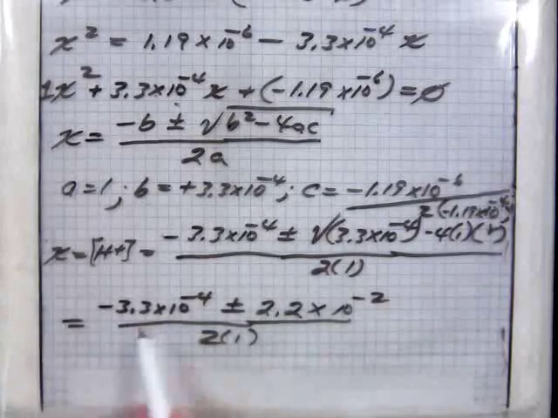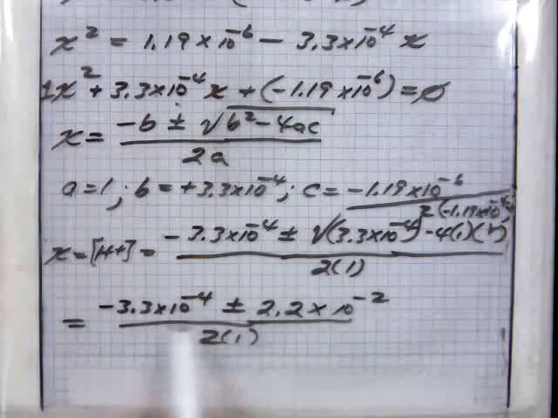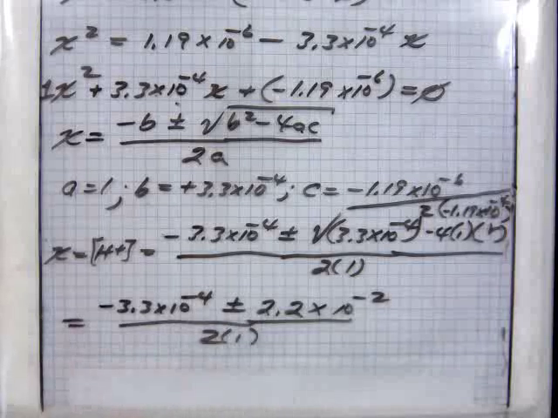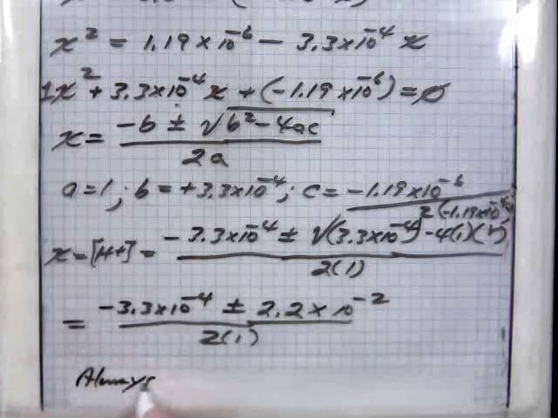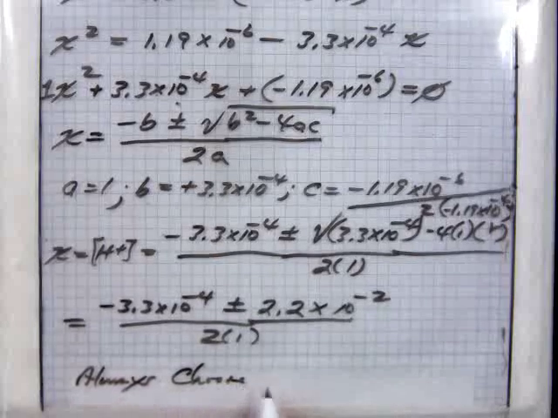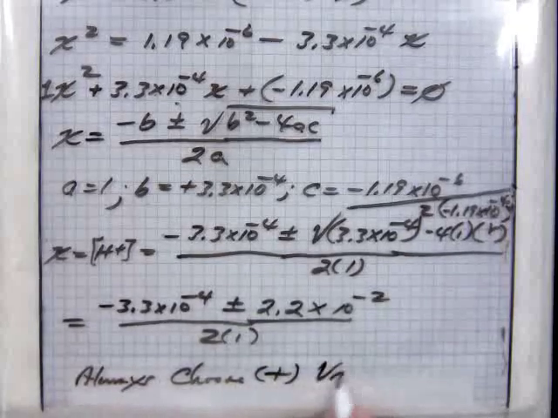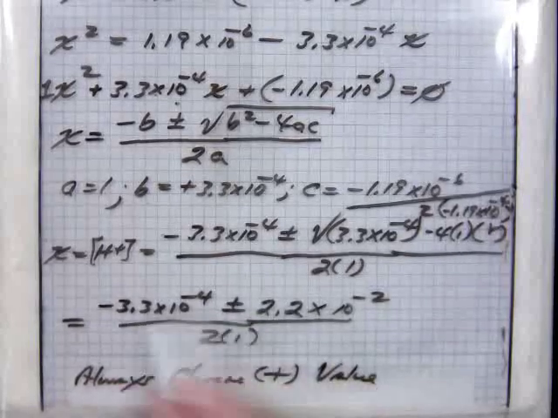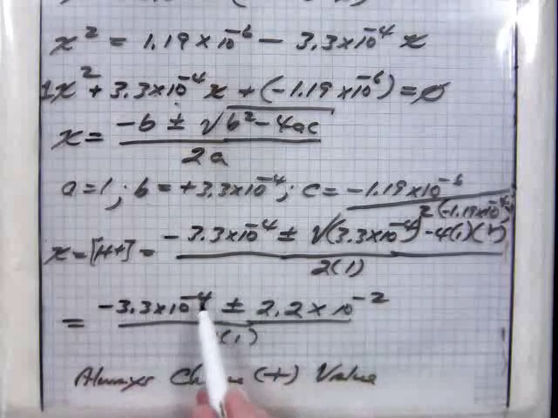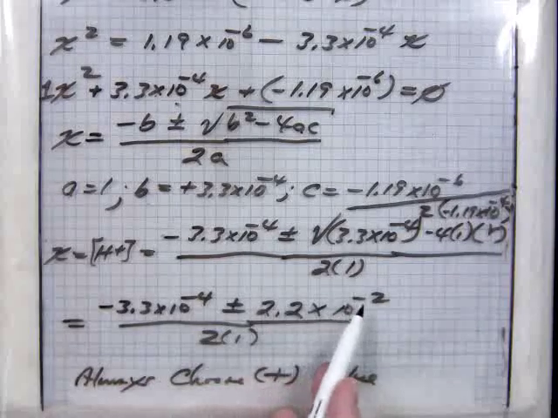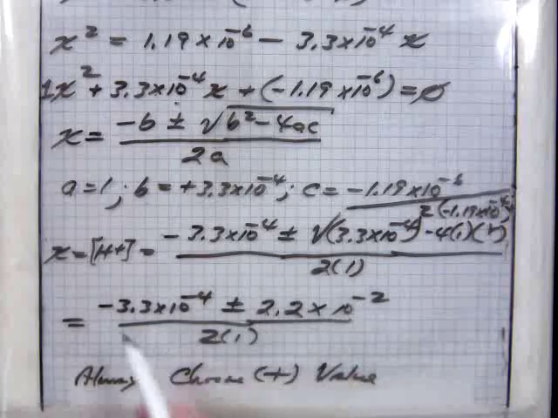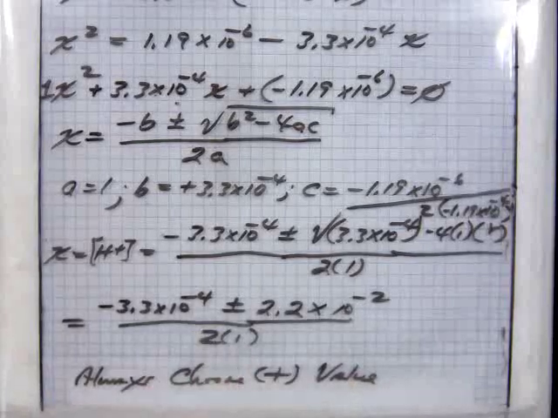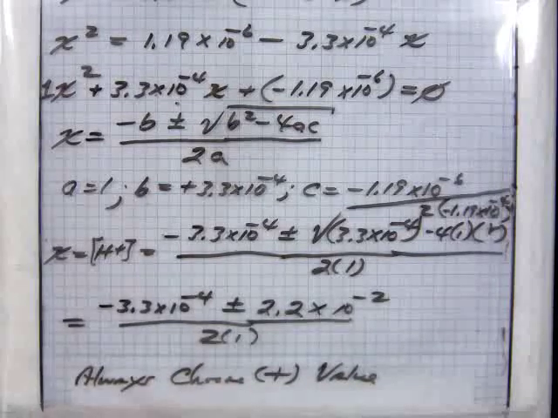Now, in these calculations, you have the option to get 2 answers out of it. Always choose the positive value. So you wouldn't use the minus 3.3 times 10 to the minus 4 minus 2.2 times 10 to the minus 2. You would take 2.2 times 10 to the minus 2 minus 3.3 times 10 to the minus 4, over 2.